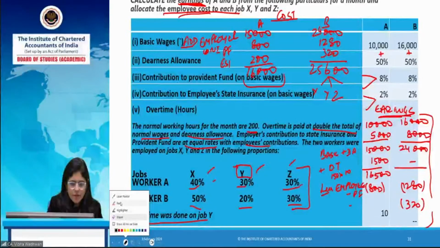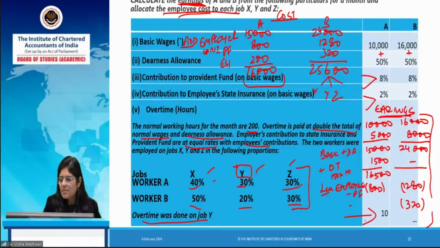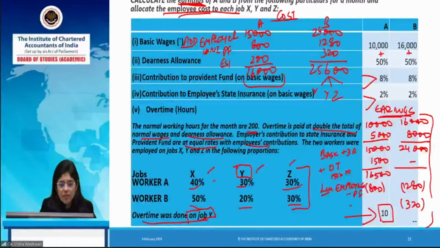I think now you can see overtime is done on job Y. Overtime was done only on job Y and it's showing against worker A. So worker A has worked 10 hours of overtime and only on job Y. That's why we have added it only on Y. I hope you've got the question correct now. Okay?